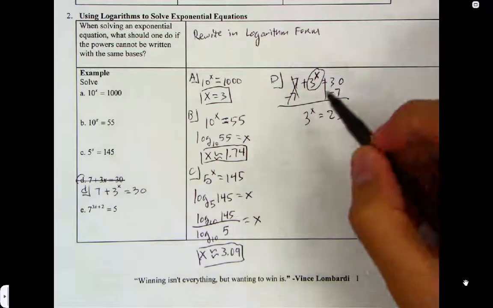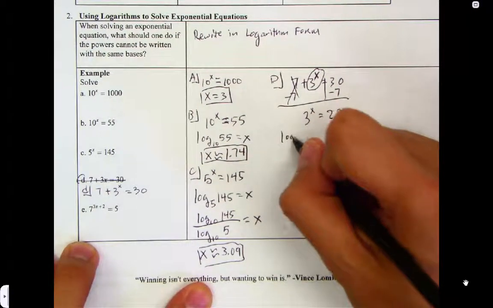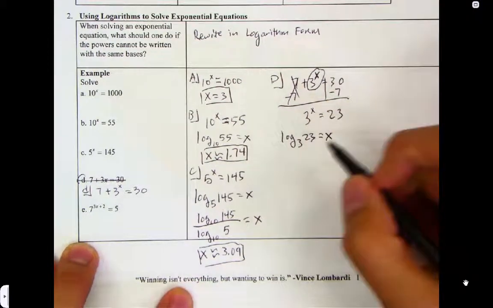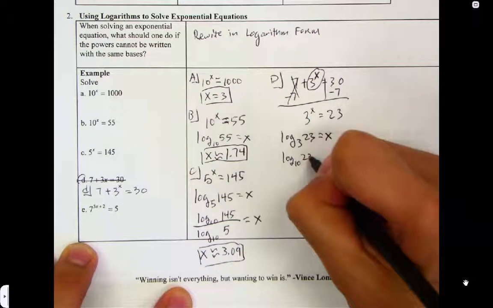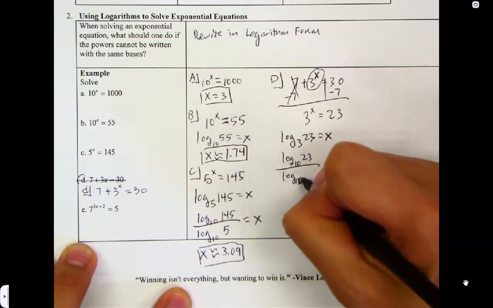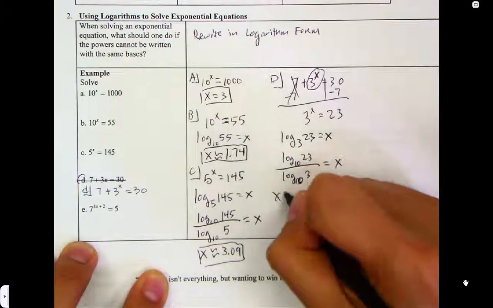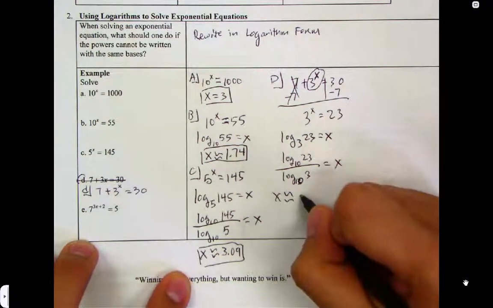Now I try to write this as the same base, but I can't, so I'm going to rewrite it in log. Log base 3 of 23 is equal to x. I just want to put this in our calculator, so I got to change it to a base of 10. And the base goes on bottom. So I put that in my calculator and I get approximately 2.85.